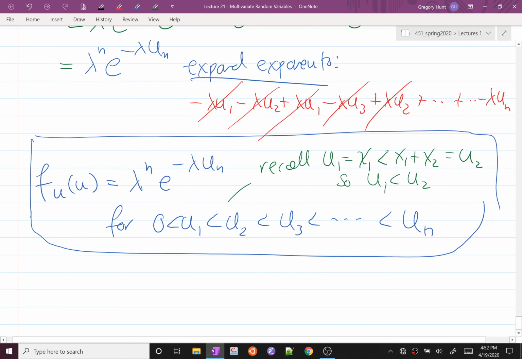So the other u sub i's don't show up in the PDF, but they show up in the condition defining where the PDF is non-zero. Everywhere else, this PDF is 0. They have to maintain this ordering, otherwise it's not really a valid set of u sub i's. The u sub i's have to be in increasing order. So that is our example of our joint distribution. Okay.